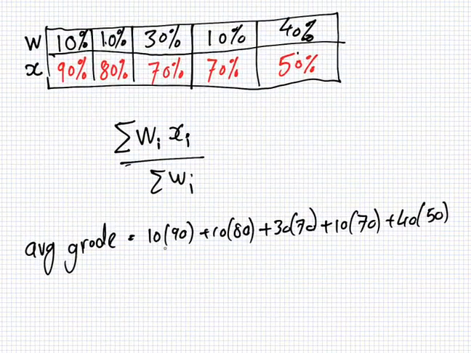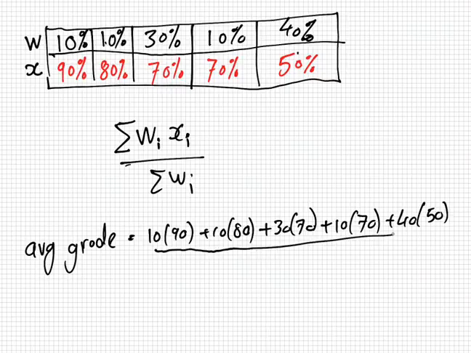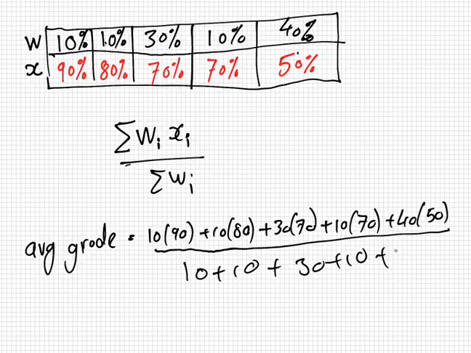All over? Not 5. Total weight, 100. 10 plus 10 plus 30 plus 10 plus 40. So calculate the grade for this student, please.